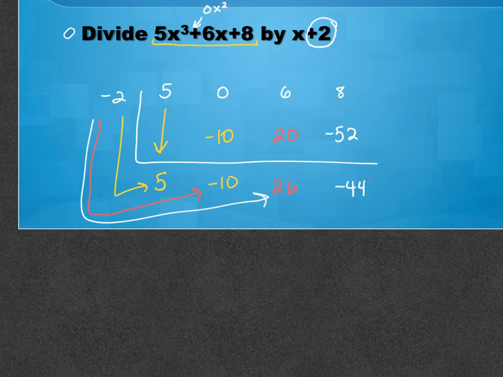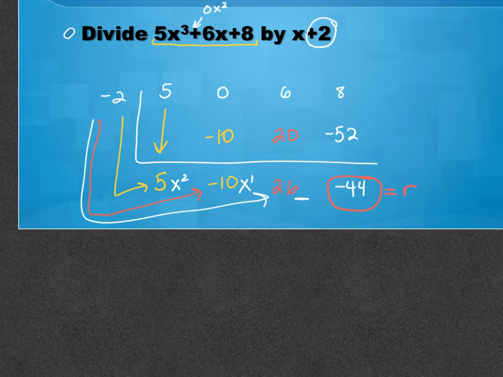The last number is my remainder. And then the variables increase from no variable on the one next to it, x to the first on the one next to that, x to the second, and I would keep increasing as I move left.